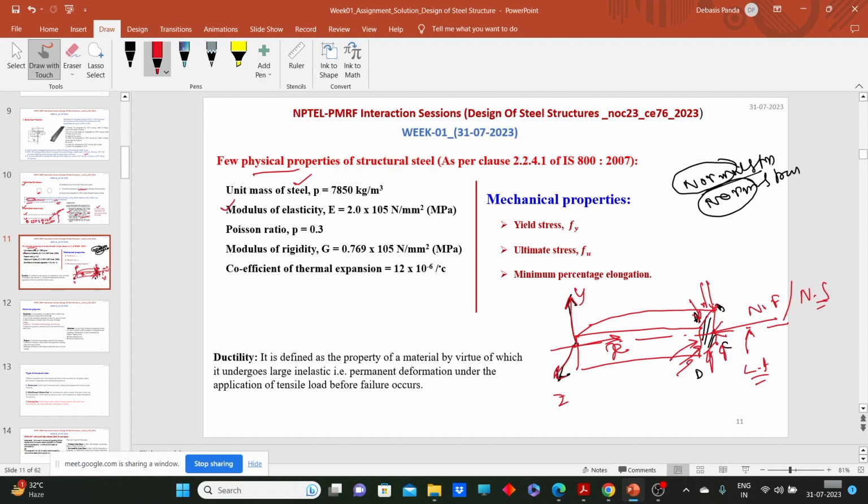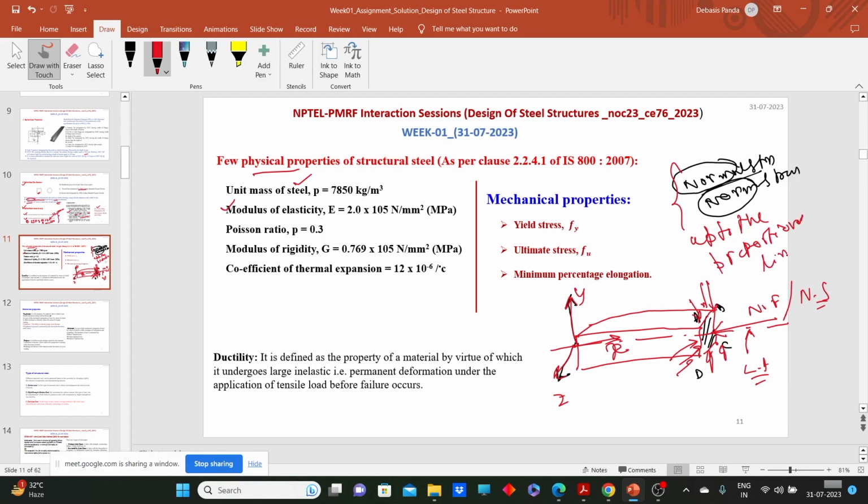All the forces and loads which are acting in the transverse direction of the cross section, or perpendicular to the longitudinal axis, we call the shear forces or the shear stresses. So modulus of elasticity, what do we know? It's the ratio of the normal stress to the normal strain up to the proportional limit.